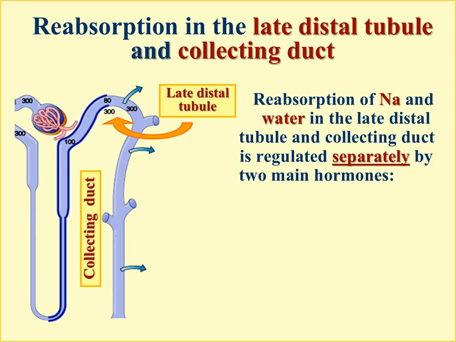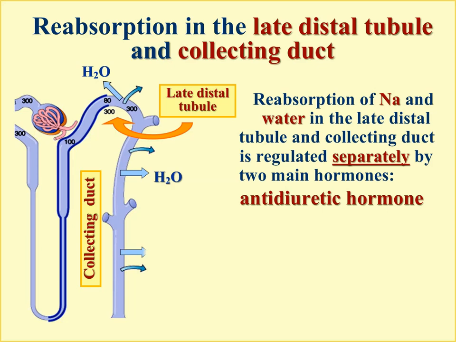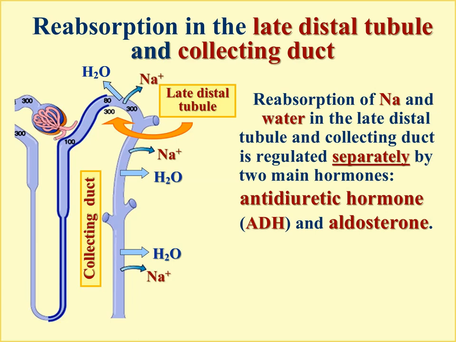And the main hormones that are involved in this regulation are the following, which we already studied. Antidiuretic hormone, which contributes to water reabsorption separately from sodium. It's important. And aldosterone is the second hormone, which contributes to sodium reabsorption.